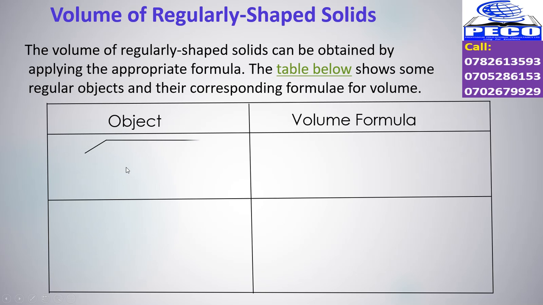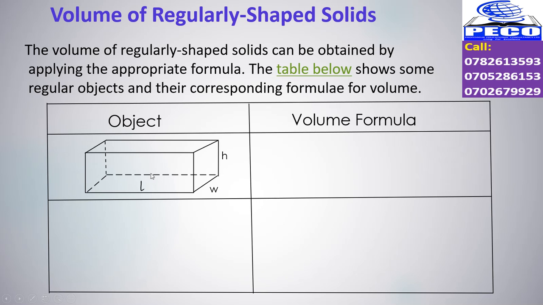So I'm drawing here the shape of a cuboid or a box, like this one here, which has the dimensions length L, width W, and the height H. This is in the shape of a box.